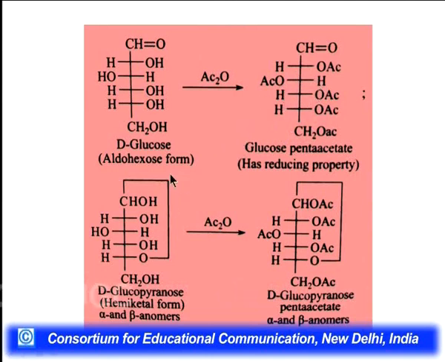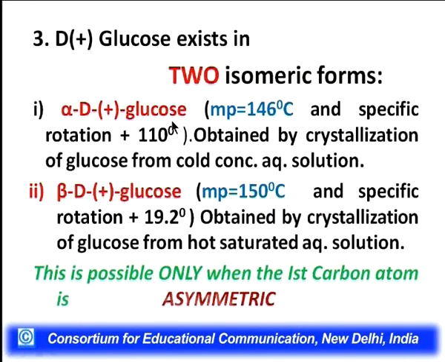But when we do the reaction of glucose with ammonium hydroxide, it does not react, which indicates that it does not have a free aldehyde group, whereas it is in the form of a cyclic structure.